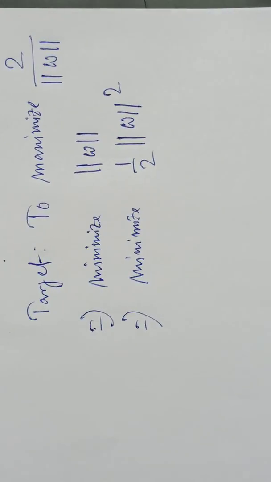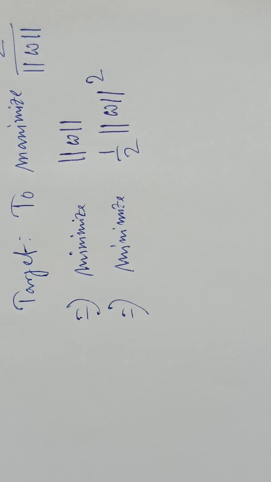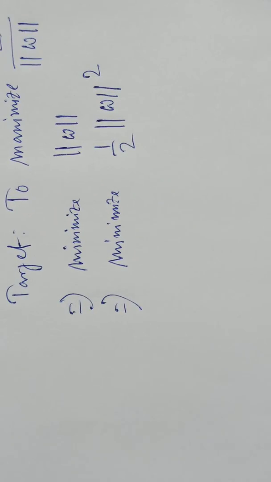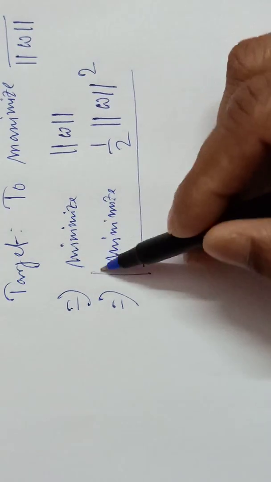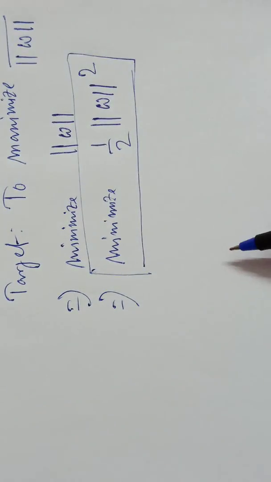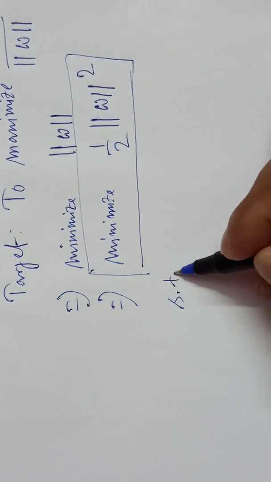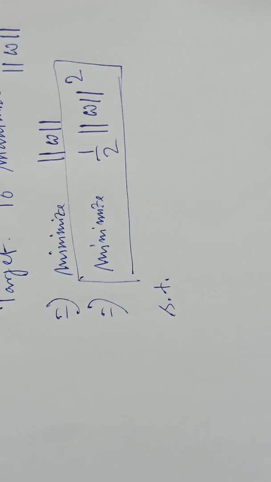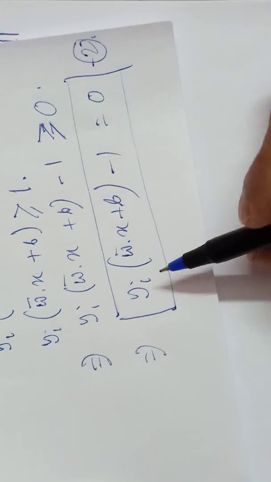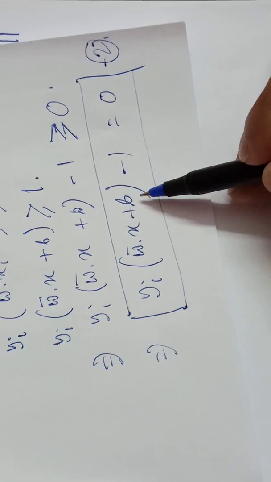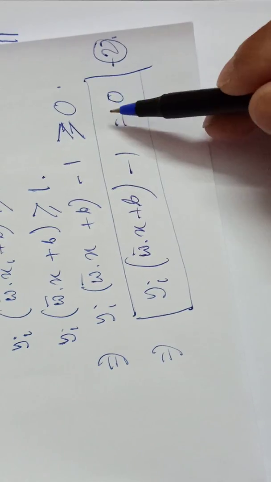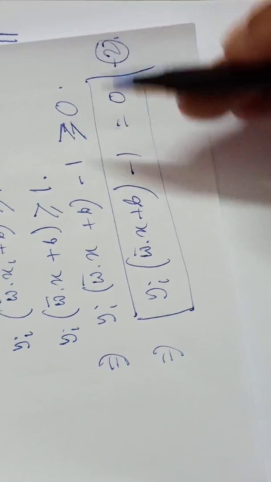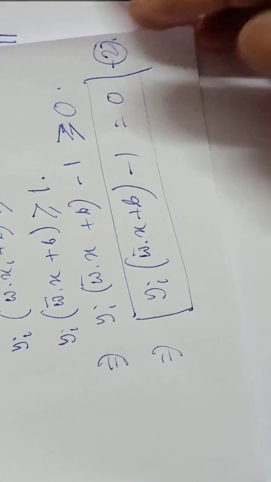Okay, right. So therefore our problem can be formulated as to minimize half of this subject to a constraint. Here we have shown the constraint as yi (wx plus b) minus 1 equals to 0. This is a constraint. So you have to achieve this, and after that, if it is greater than, then it is positive, less than, it is negative.